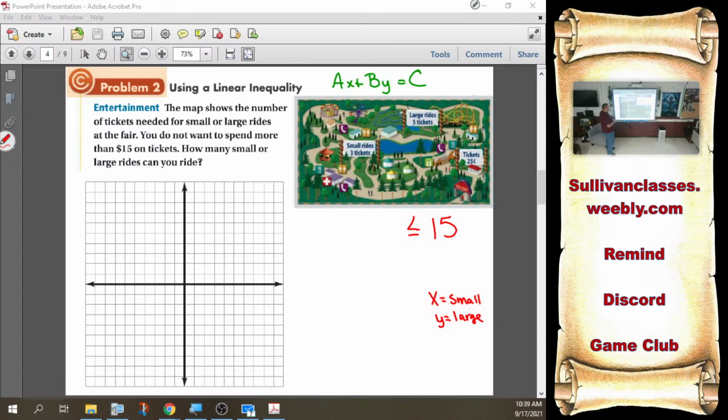Okay, how much does a small ride, well, what do I even do with the rate? Here's another thing that you can help. What is this in? So if the equation is about money, the other stuff needs to be about money. Small rides are how much money? Okay, and how did we get that? 3 tickets, but the tickets are 25 cents each.